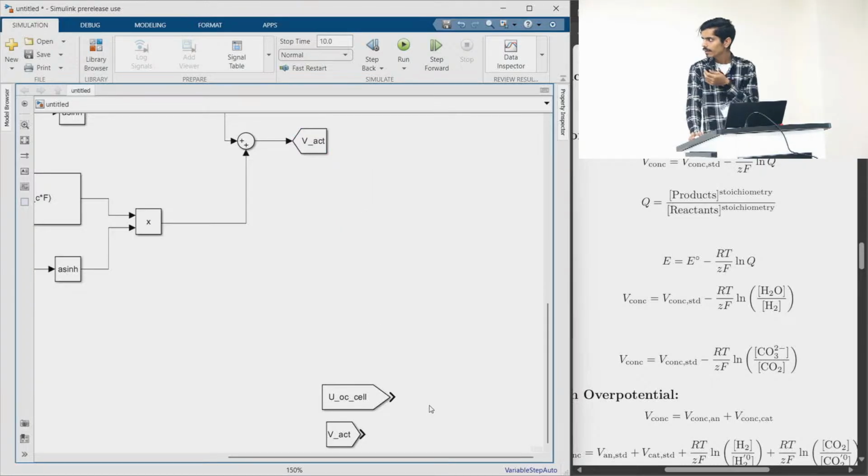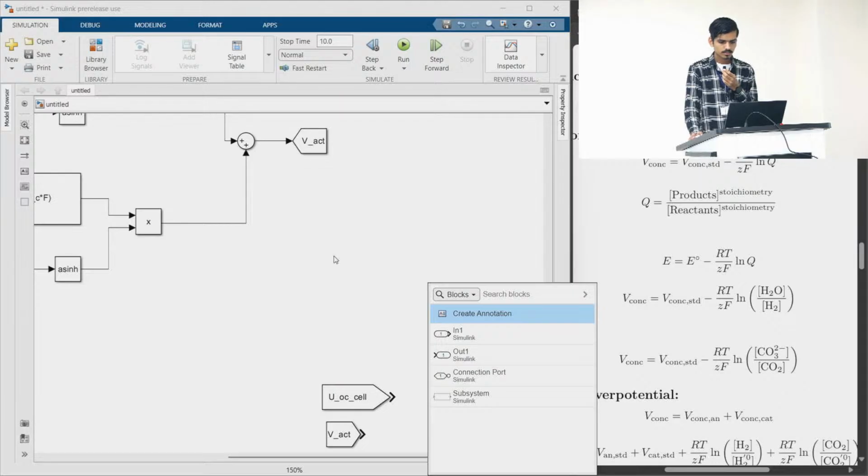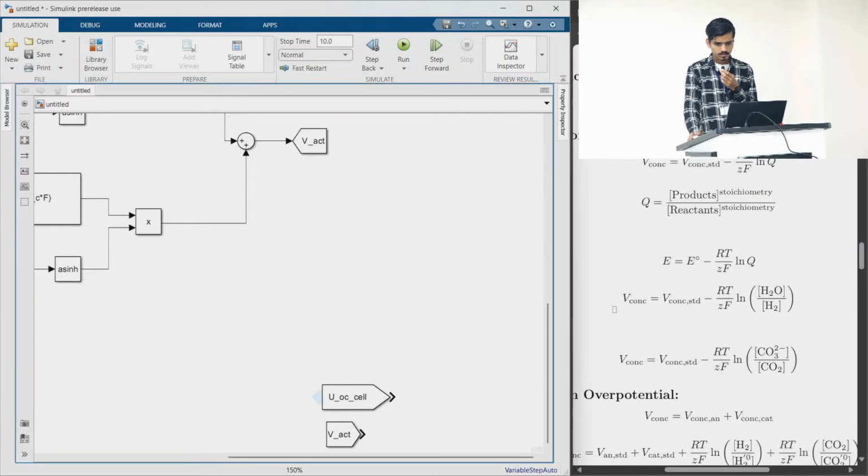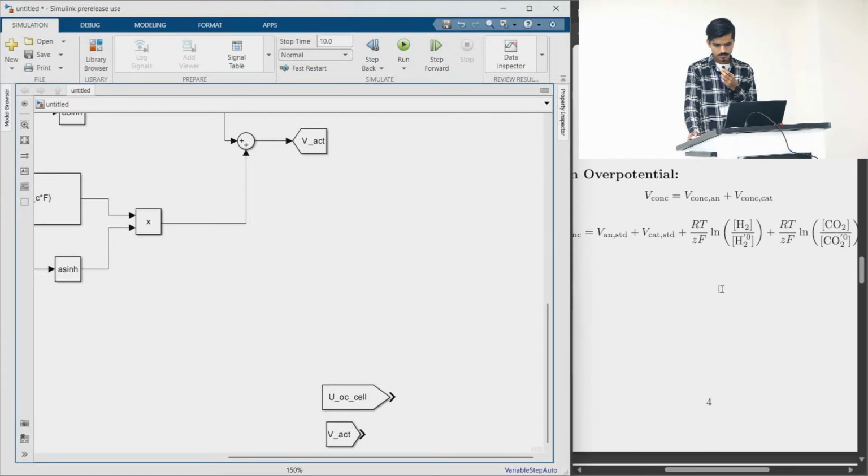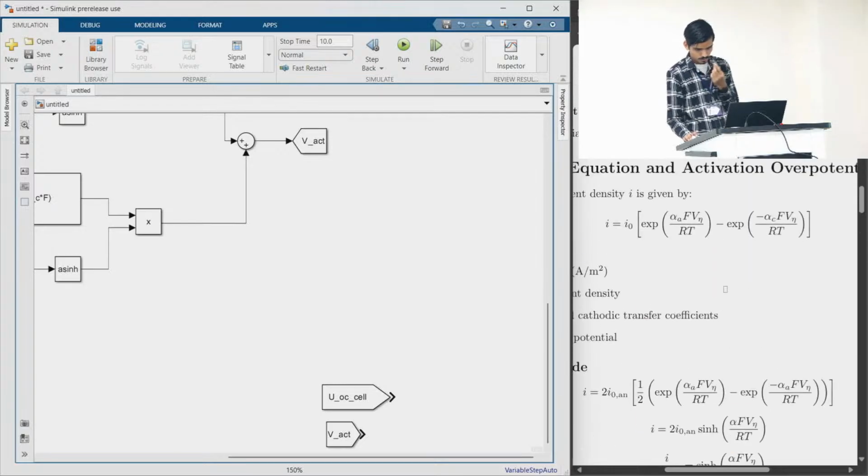So now we have to find the summation of these two potentials.